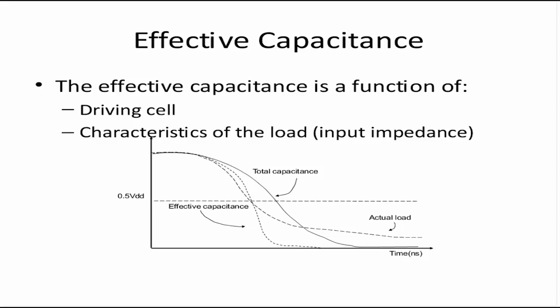Whereas effective capacitance is something the STA tool calculates to make the job faster and calculate the delay faster. Otherwise, it would be as slow as SPICE. So the aim behind the STA tool calculating C effective is first to make the delay calculation faster, and second, it should not be too inaccurate. It should be within some percentage of the SPICE calculation. Usually they target about 2 to 3%.